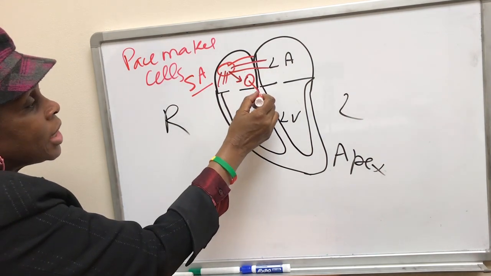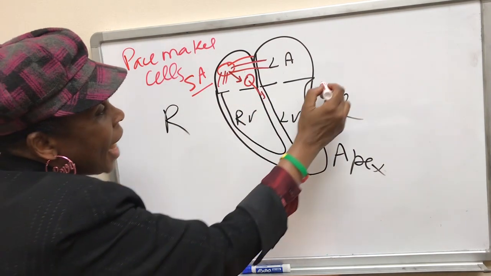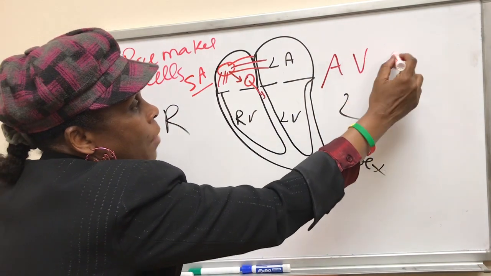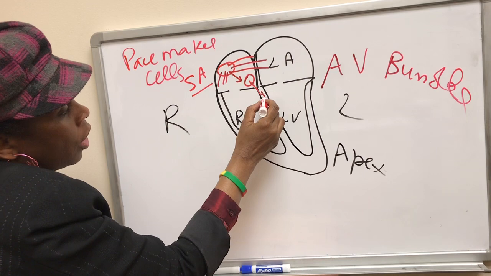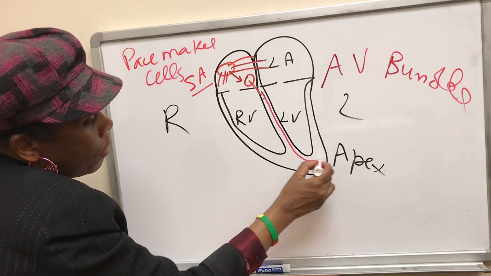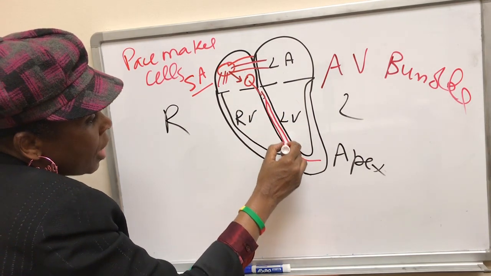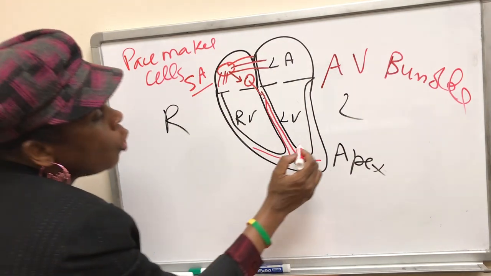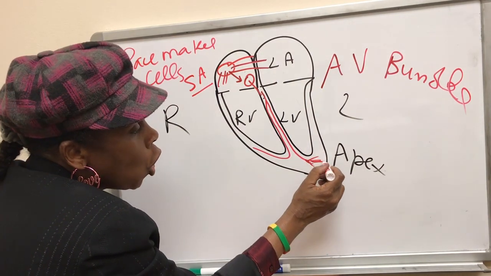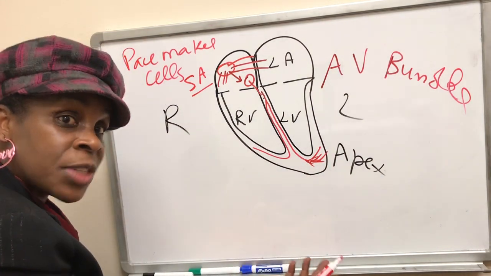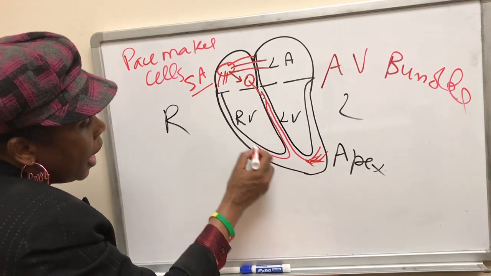This node will also send the signal to the AV bundle. This AV bundle will be divided into the left branch and the right branch of the AV bundle. And this also will spread out into subendocardial branches, or Purkinje fibers, left and right.